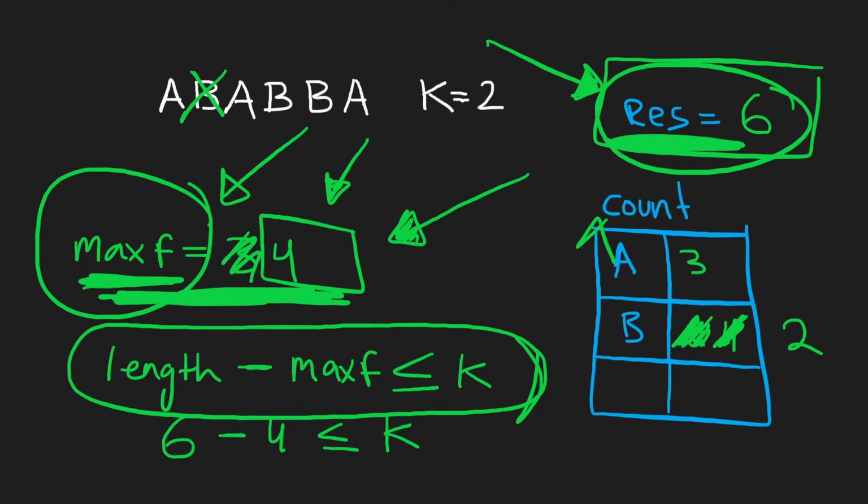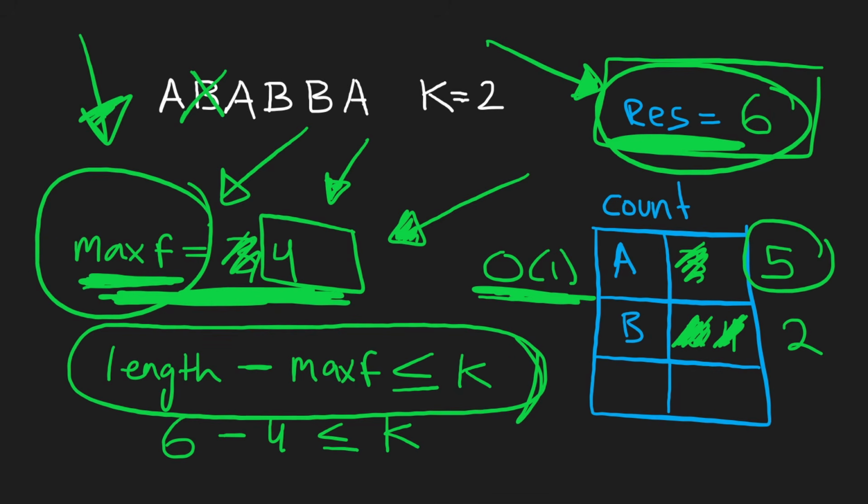We don't have to look through the entire hash map to find the new max frequency. But if we increase our max frequency, for example, if I took this A and set it from 3 to 5, then that's something we can check in big O of one time. And if we increase this, then we definitely do want to update our max frequency, and that's something we can do in big O of one time.